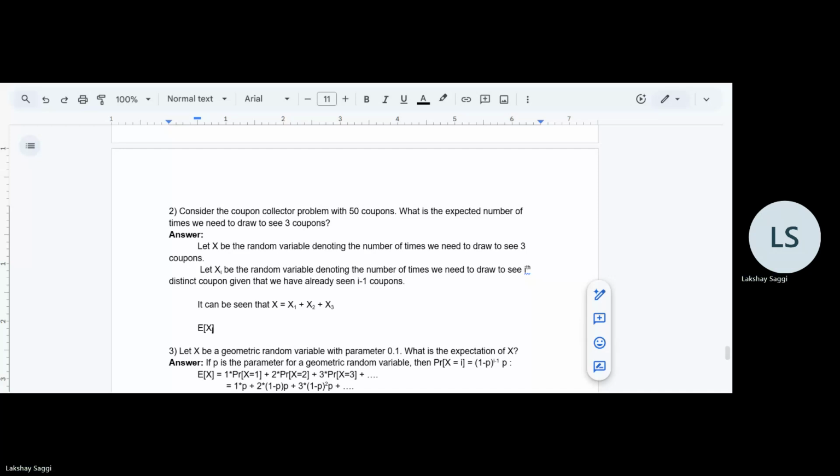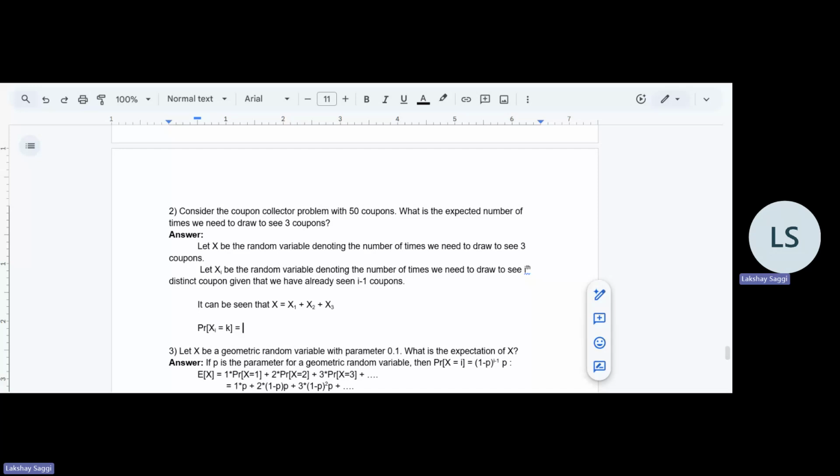So what's the probability that the random variable xi takes some value k?